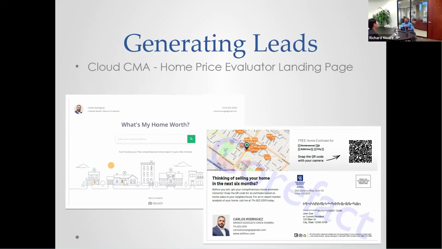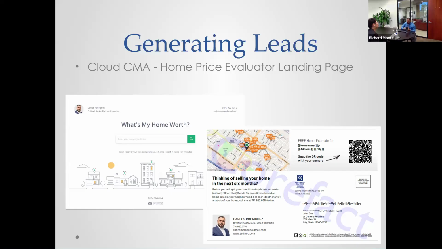When the property owner scans it, see how it has their property pinned on the map and all the sales around? That's real. It's not just a stock image. That house is right there, and those sales around it are real sales.